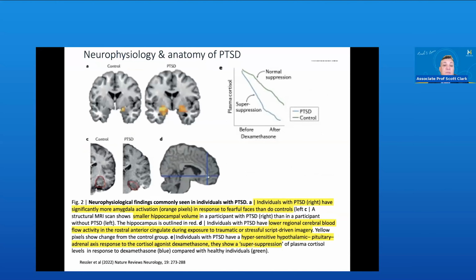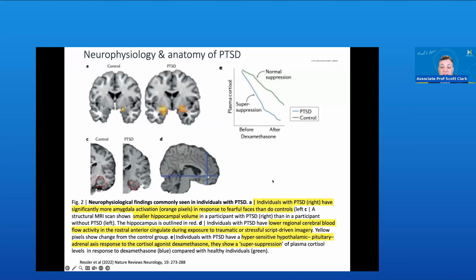And we can see here, these are brain images, and these are functional images of the brain showing activity and volume in different areas. And we can see that at point C with the red ring, people exposed to trauma have a smaller sized hippocampus, which is a part of the brain that's involved in memory. And they have lower blood flow in the anterior cingulate, which helps manage people's response to trauma.